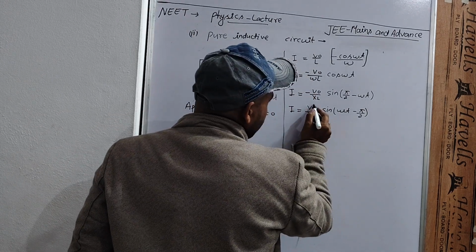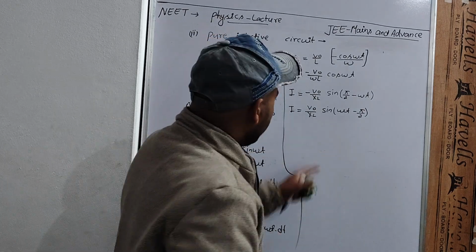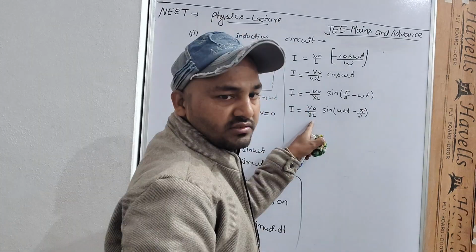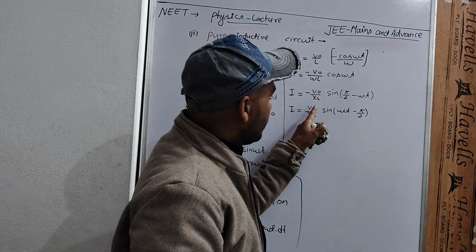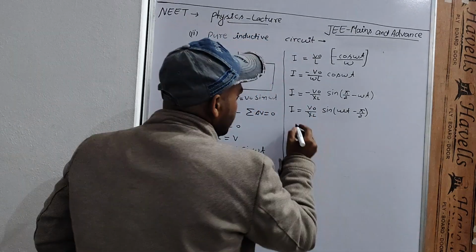And you know that this is voltage over resistance, meaning this shows the peak value of current.